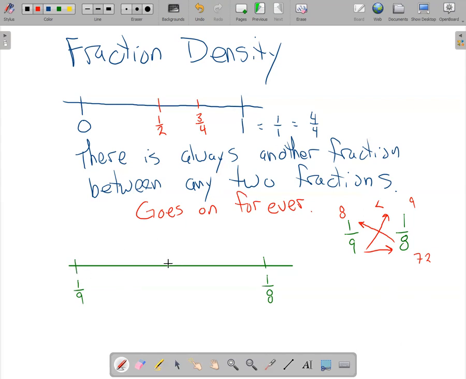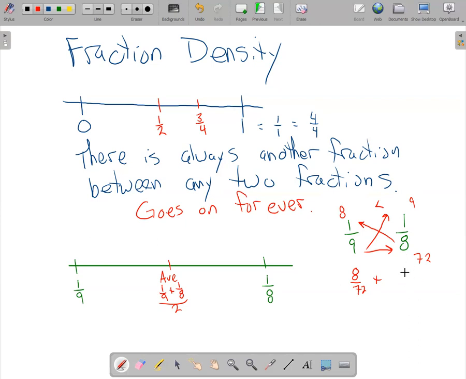So one way to find one is to just go for the middle. How do you find the middle of two numbers? Well, that'd just be the average. So that middle number right there would be the average. And the average of 1/9 and 1/8 would just be 1/9 plus 1/8 divided by 2. And I've actually already added them up over here without saying so. 1/9, this shows me, can be written as 8/72.